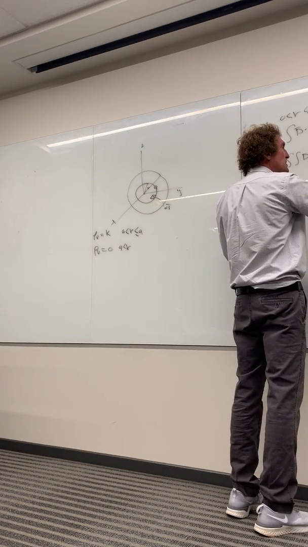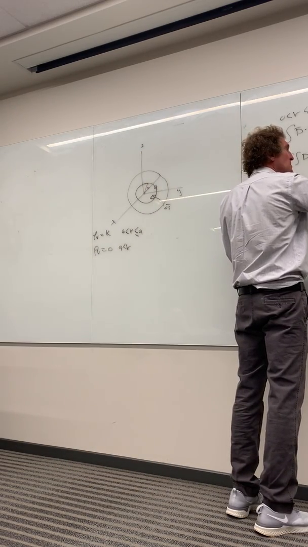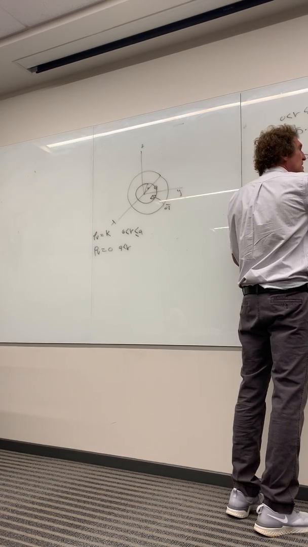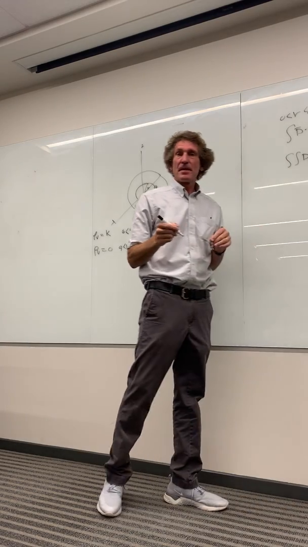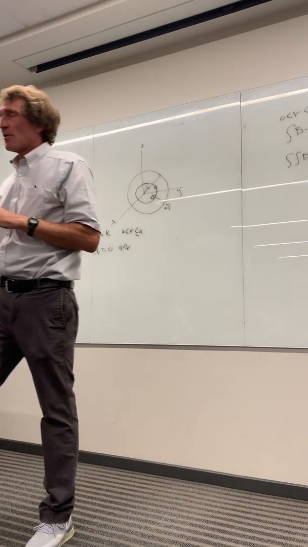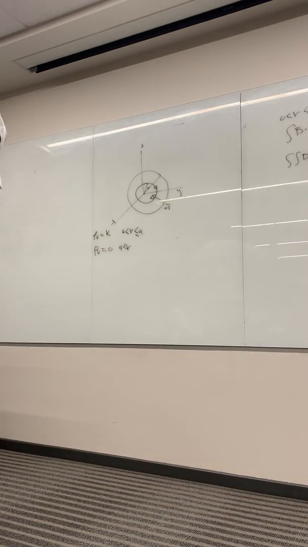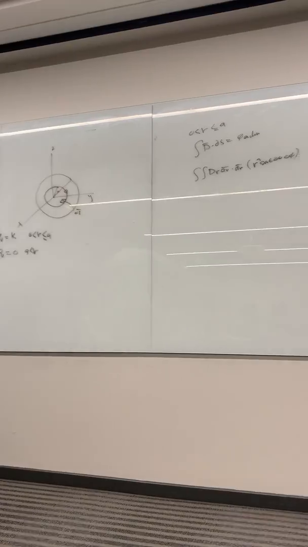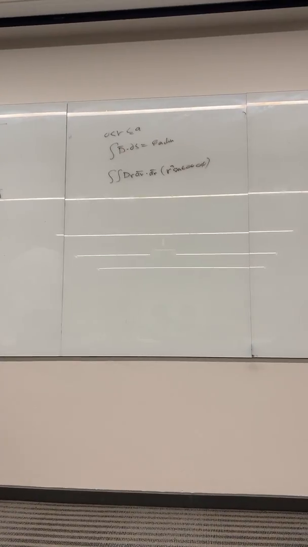And the differential surface we just did is going to be r squared sine theta d theta d phi. It's r d theta in the a_theta direction, and then r sine theta d phi in the phi direction, which multiplied together give r squared sine theta d theta d phi.